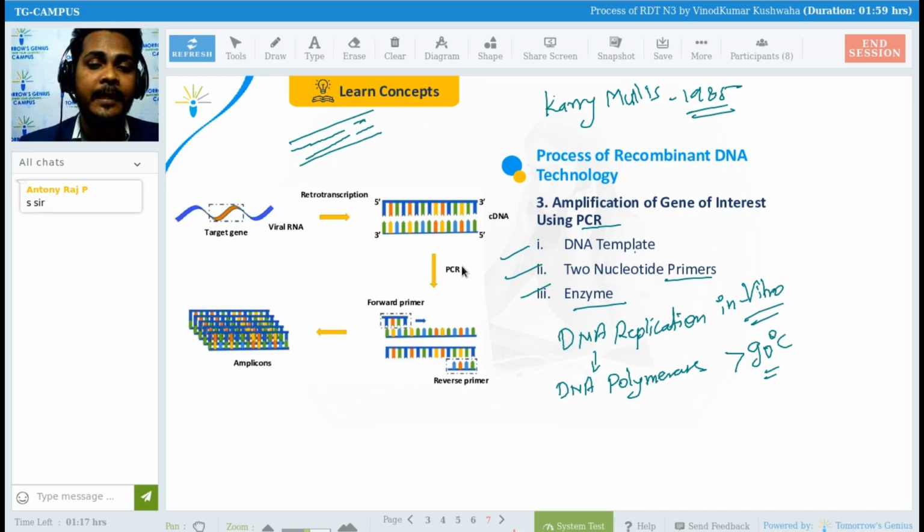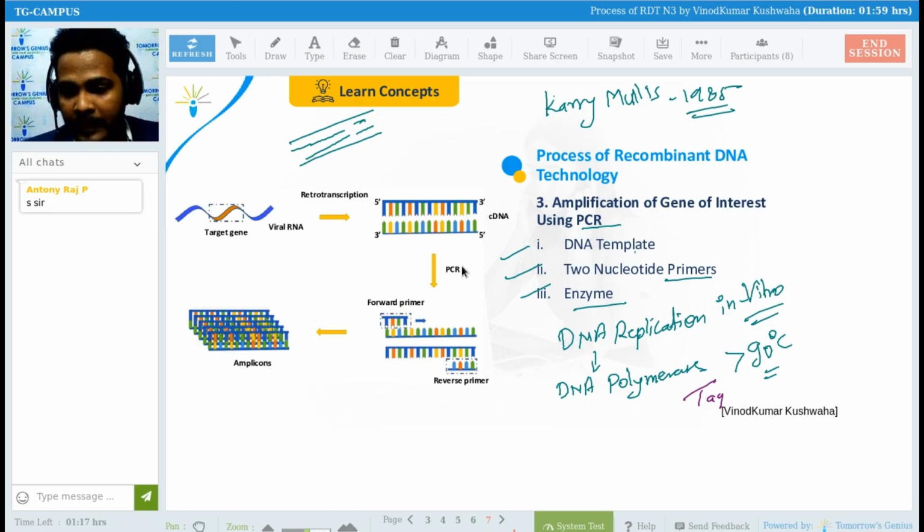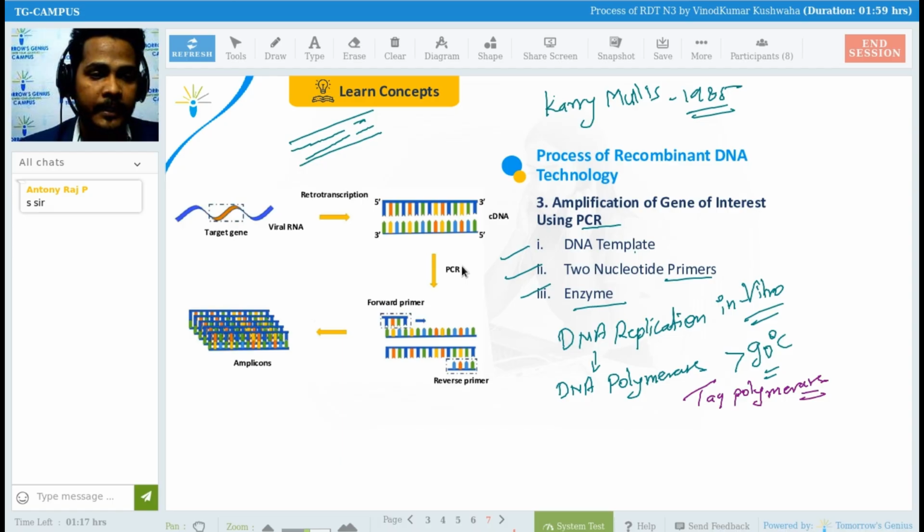So what type of DNA polymerase can you take? Like Taq polymerase. You can write the name, Taq polymerase. Please remember this. Why Taq polymerase? Because Taq polymerase is generally used in PCR reactions, and it is isolated from a very popular bacterium which can survive at high temperature.